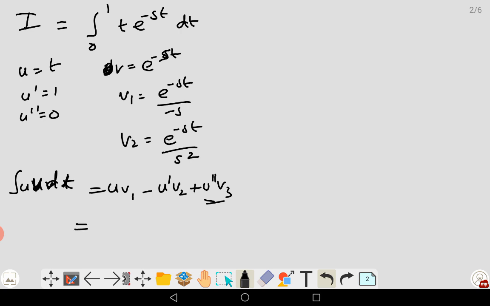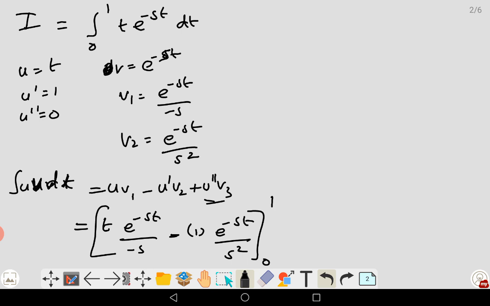u is t, v1 is e raised to minus st divided by minus s, minus u dash is 1, v2 is e raised to minus st over s square, and now the limit is 0 to 1. So what do you get when you substitute the upper limit 1 and lower limit 0?